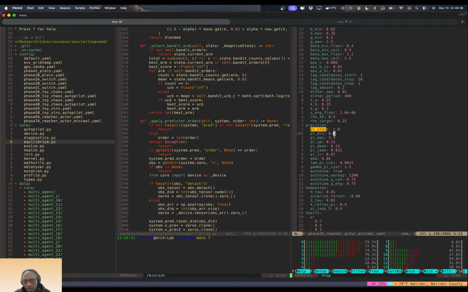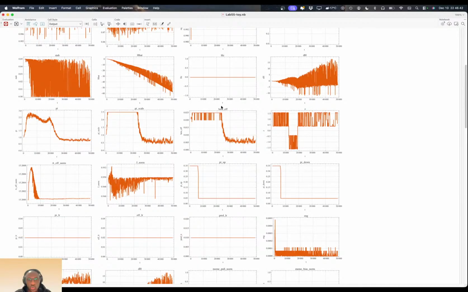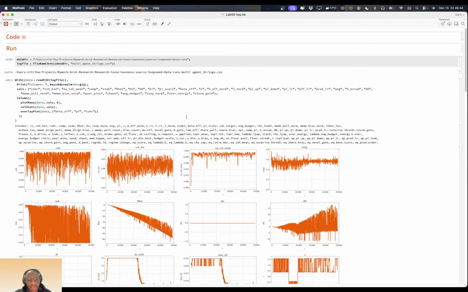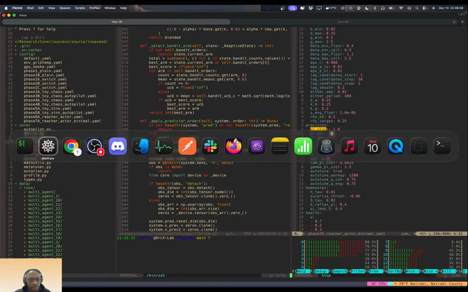The minimum value is 0.6. All right, so these results need better interpretation. We will do this with AI.